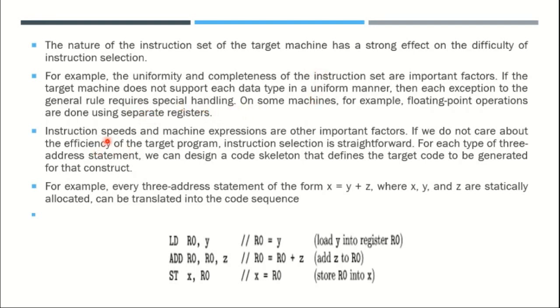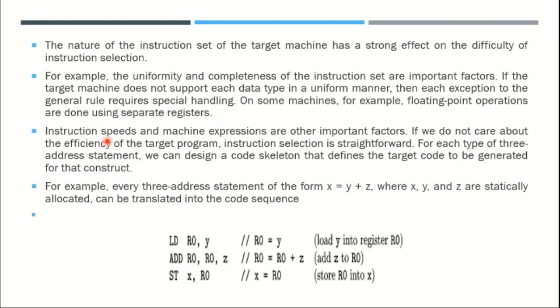One more thing is that instruction speed and machine idioms are also important factors. If we do not care about the efficiency of the target program, then instruction selection is very simple and straightforward. For each type of 3 address statement, we can design a code skeleton that defines the target code to be generated for the construct.